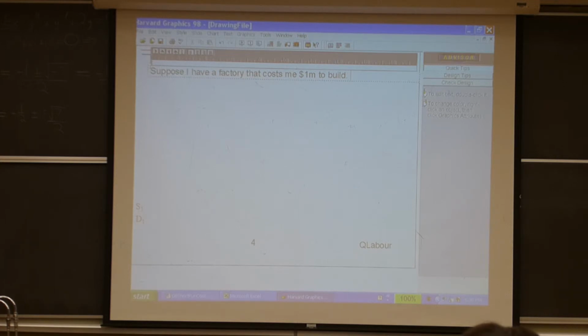The opportunity cost, the expected rate of profit, the average rate of profit, or it's the opportunity cost of capital in this case, is 10% per year. Now this is important for reasons we're going to discuss.